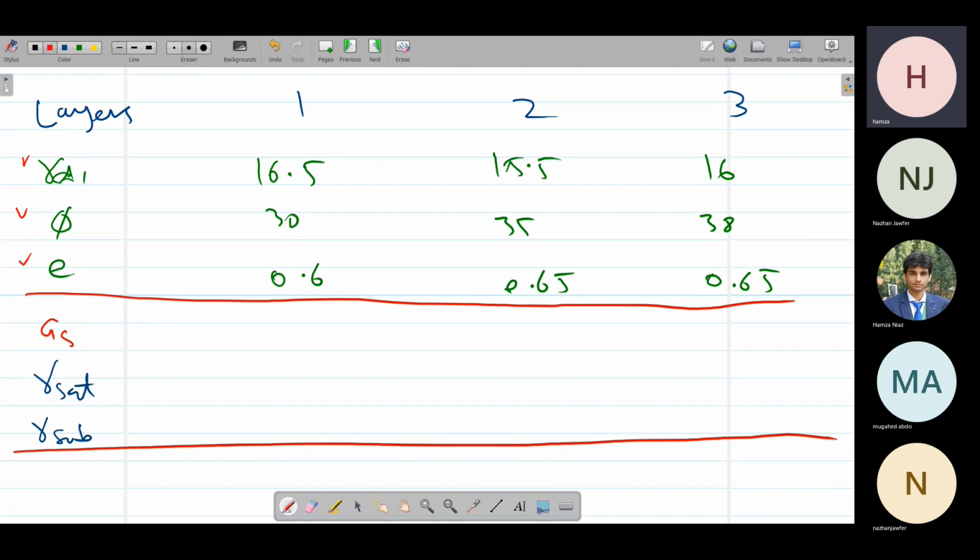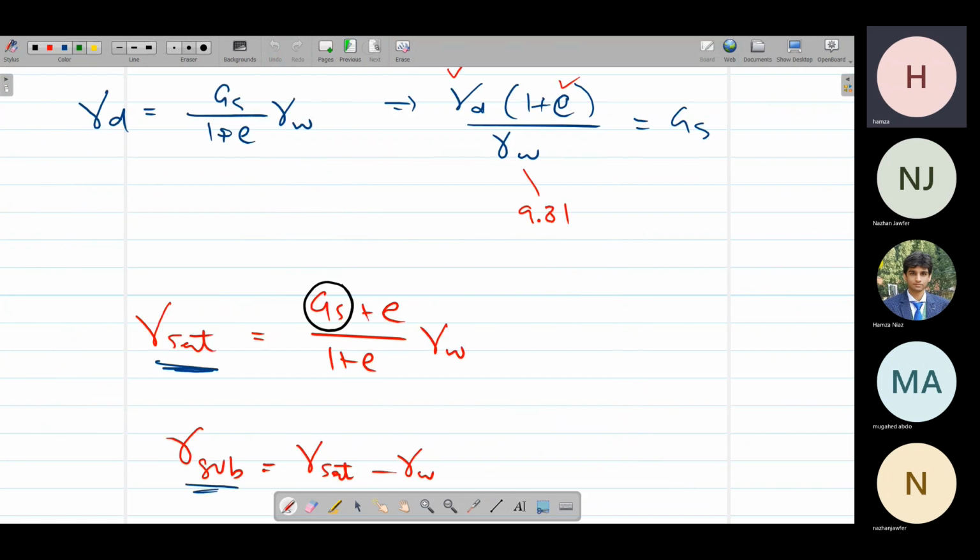After calculating gamma submerged, what we require for each layer, if we recall the formula for the skin friction, because base friction is always for one layer, the skin friction is for different layers. So skin friction is P into Ks into tan delta. So we require Ks and tan delta for each layer as well.